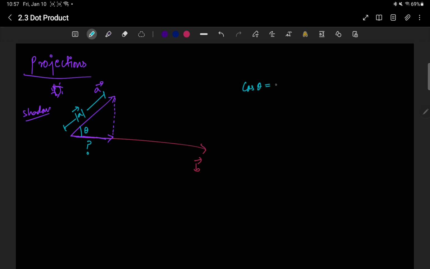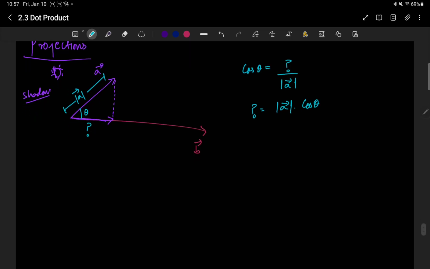So it's really cosine theta is this. So this unknown quantity is A cosine theta. Now, because of the involvement of cosine theta, this leads me to think there is another way I can phrase this as a dot product.